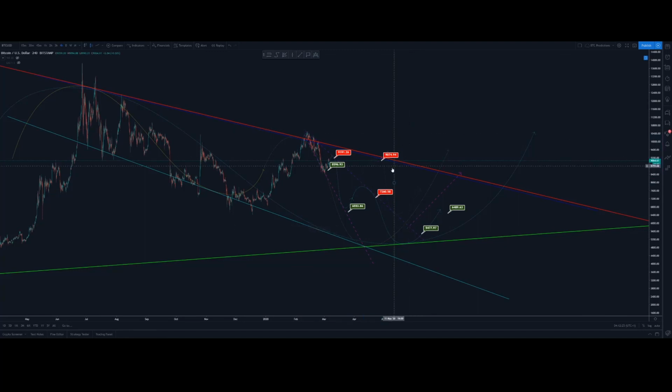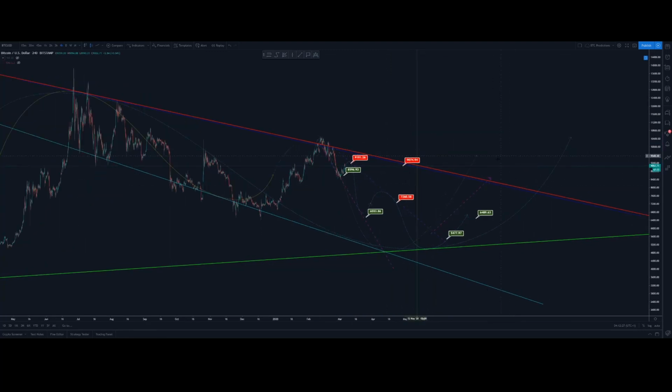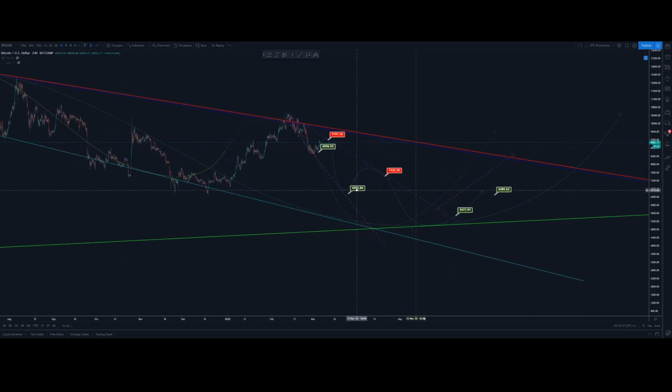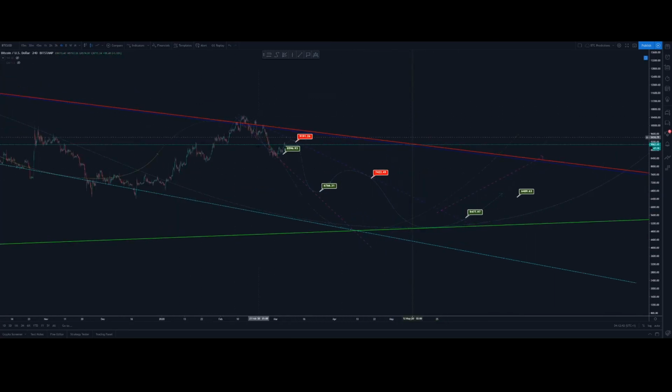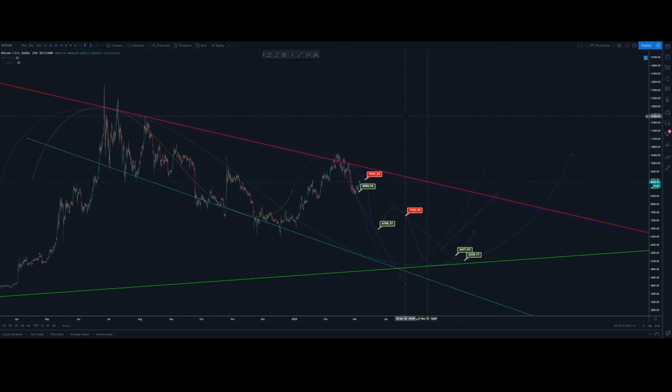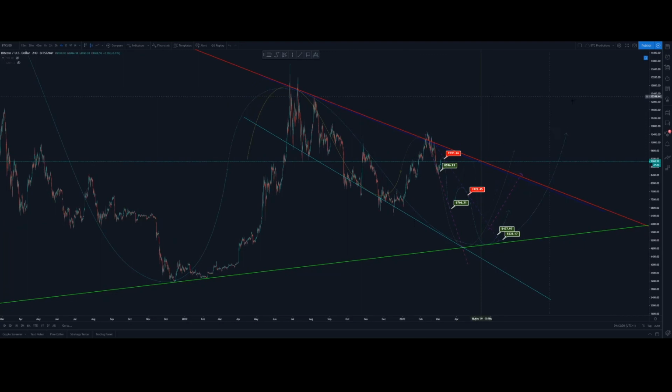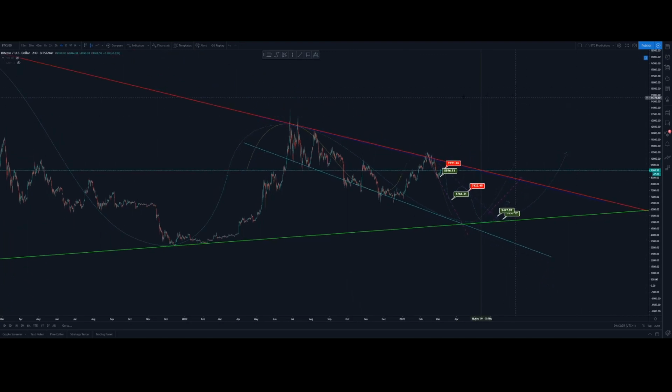I would say let's get rid of this, that, like that. I would go like that. Yeah, I think this is a beautiful strategy if the price actually plays out like this, the Bitcoin price, as we speak.